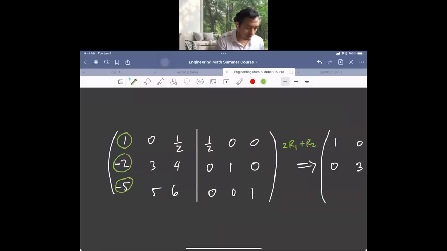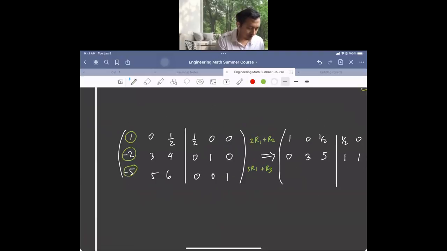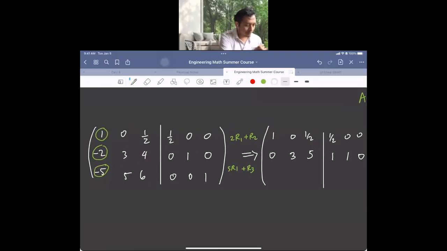Now the third row, I will directly change the third row by looking at this. I will make this 0 with the 1 here. So I will make this 5R1, and then plus R3, for the third row. So this will be 5 minus 5 is 0, 0 plus 5 is 5, right?